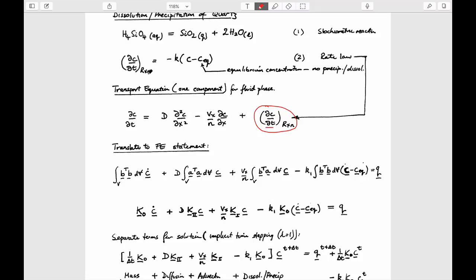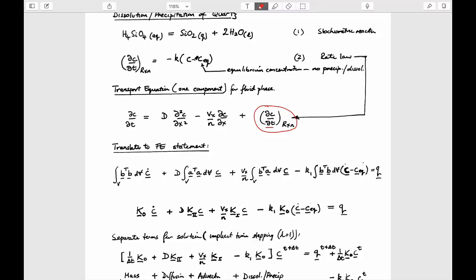If we think that the rate at which we change concentrations within the aqueous phase is related to a difference between the aqueous concentration and an equilibrium concentration times some coefficient, then it's physically saying that if the concentration of the water is exactly the equilibrium concentration, at which no material gets either dissolved or precipitated on the particles, there is no change.